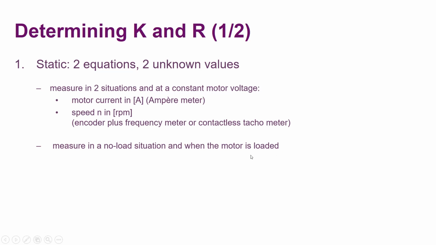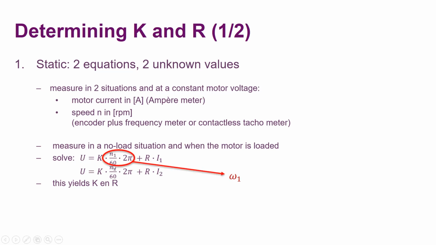So we then apply these situations to the motor voltage equation. We solve this equation twice. U equals K times omega 1, so it's N1 divided by 60 multiplied with 2π. Remember, we measured the speed N over here. So N divided by 60 times 2π, plus R times the current in the first situation, the no load situation.